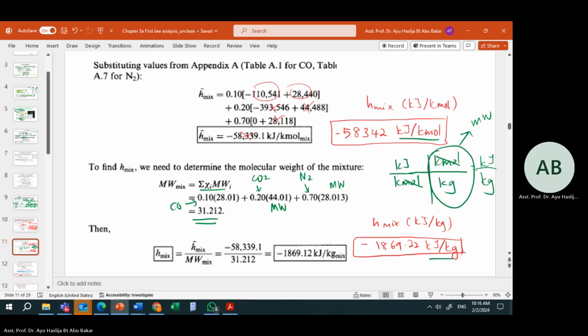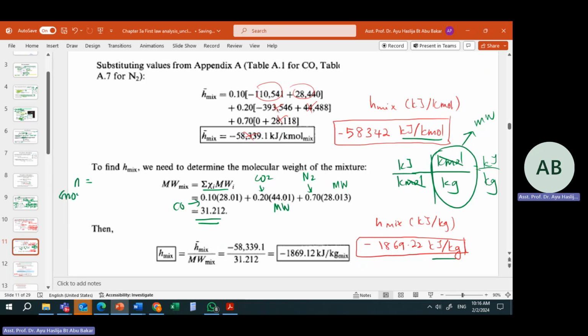Kilomole per kg. Ingat kalau kita nak cari mole, you need the mass. What's the equation to find mole? Yes, correct.